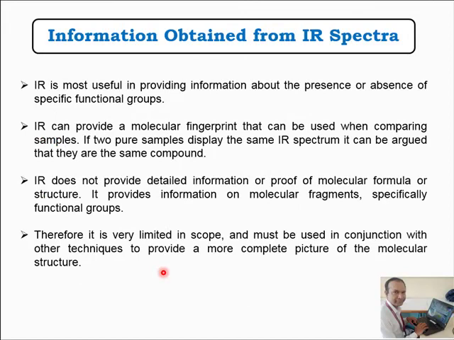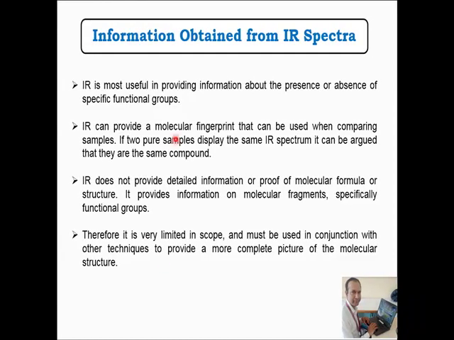Now let's have more information about IR spectroscopy. Unlike other spectroscopic techniques, IR spectra provide a good amount of information, basically the presence or absence of a specific functional group.